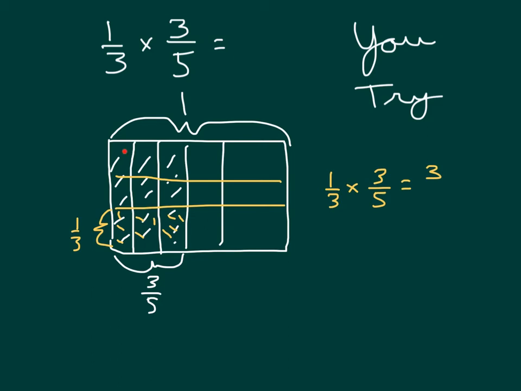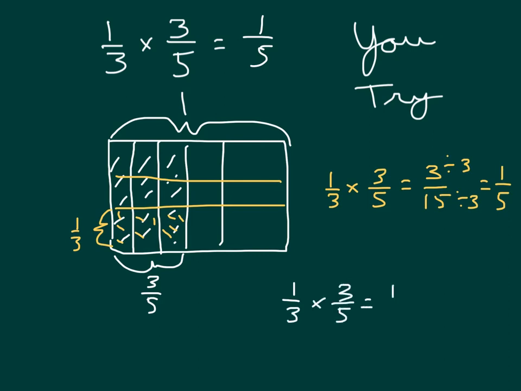And then we see this is 3 by 5, or 3 times 5, which is 15. And as I had stated, we wanted to express that in simplest form. So 1/3 times 3/5 equals 1/5. Showing that with equations again, we have 1/3 times 3/5 equaling 1 times 3 over 3 times 5. Canceling the 3's, we have 1 over 5.